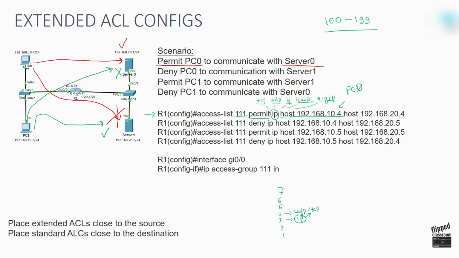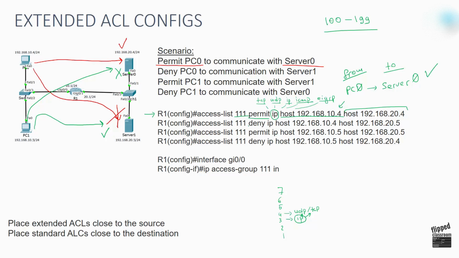So we are permitting IP communication from PC0. This is the first IP address, from. The second IP address is defining server 0. From PC0 to server 0, permit.